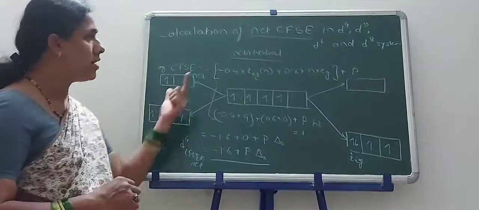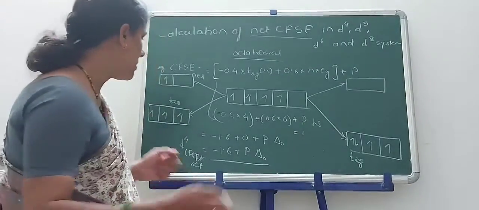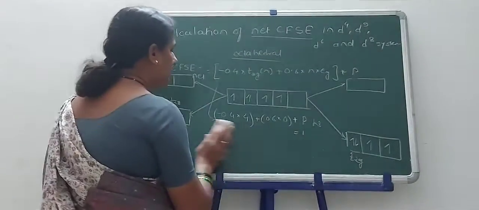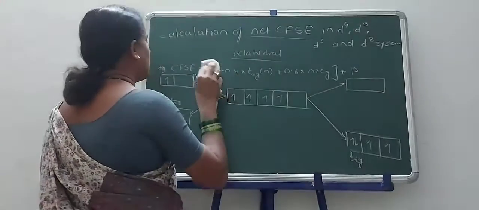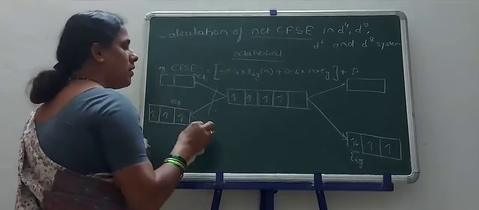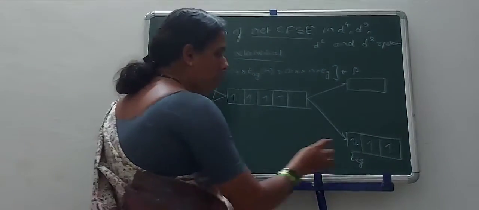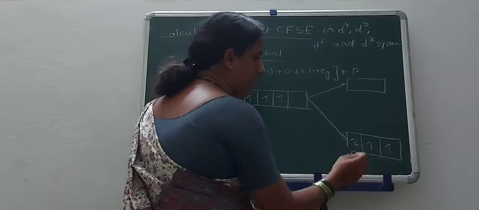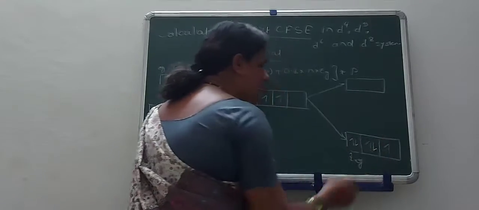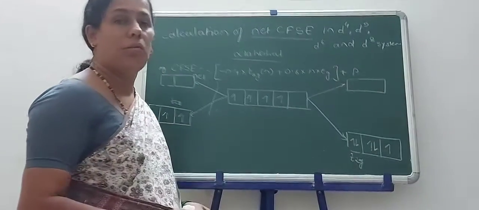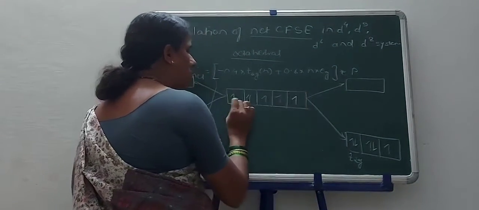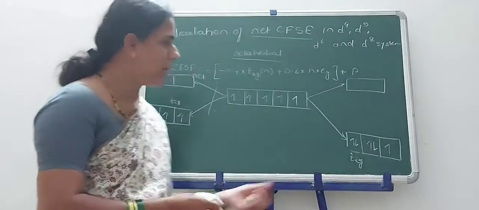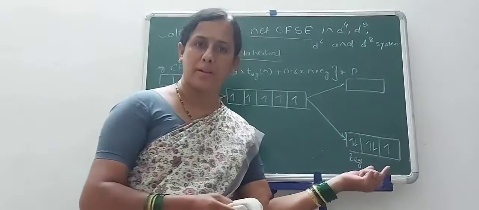Now, in the case of d5, what happens? Already there are 4 electrons. Therefore, the next pairing of electrons takes place with the fifth electron. Here also we have to draw the fifth electron, and here 2 pairs are formed.